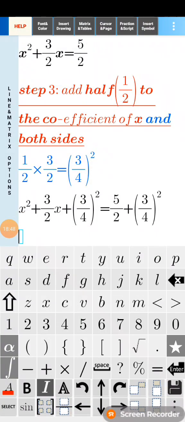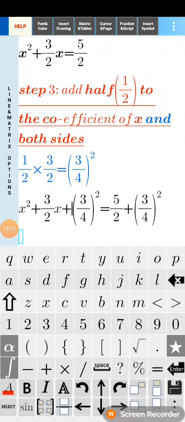So having done this, let's take a close look. I used 3 over 2, the coefficient of x, to get 3 over 4 square. That means 3 over 2 is also found inside 3 over 4. So 3 over 2, which is the coefficient of x, should no longer be found in this question.